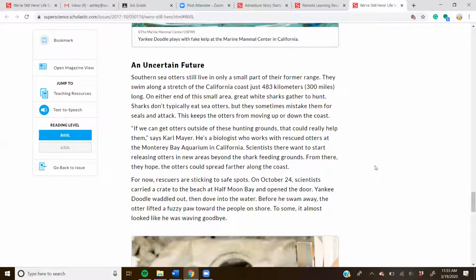Scientists there want to start releasing otters in new areas beyond the shark feeding grounds. From there, they hope the otters could spread farther along the coast.